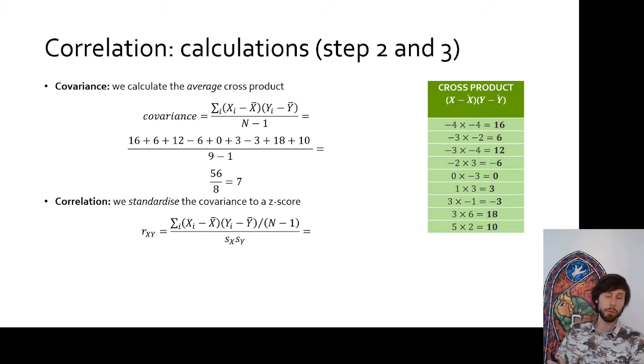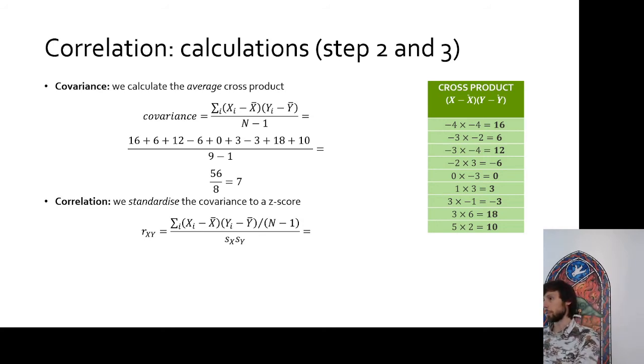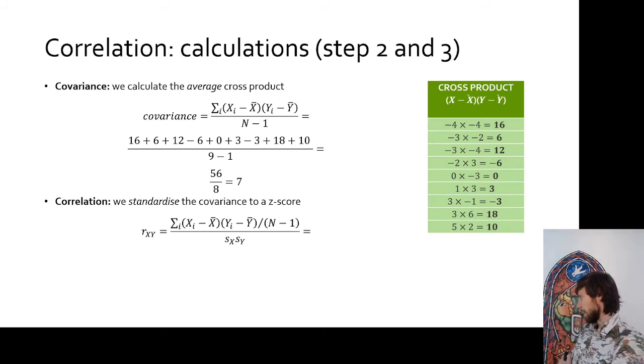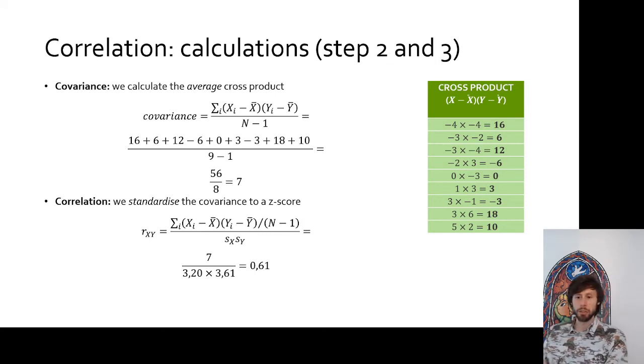Assuming that you have also calculated the standard deviation before, or that you let a computer do at least this little part of the job, well, standard deviation is at least equally annoying to calculate by hand, then we would divide the covariance by the product of the 2 standard deviations, and that leads us to a correlation of 0.61.